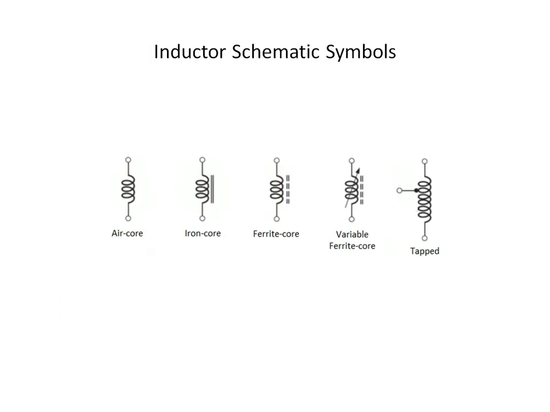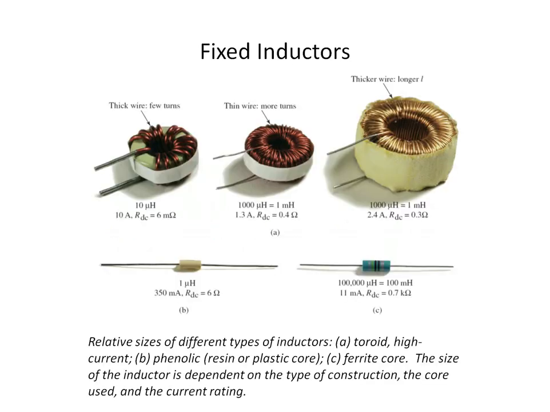Here we have some of the most commonly used inductor schematic symbols. We have the air core, iron core, ferrite core, variable ferrite core, and the tapped inductor symbol. Here are a few fixed inductors. On the top here we have what we call toroids, and these are a ferrite core.